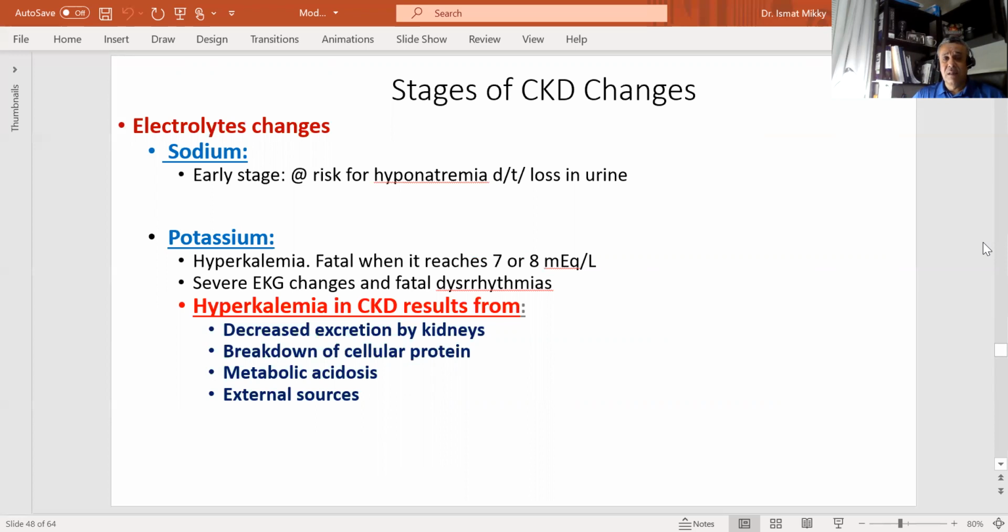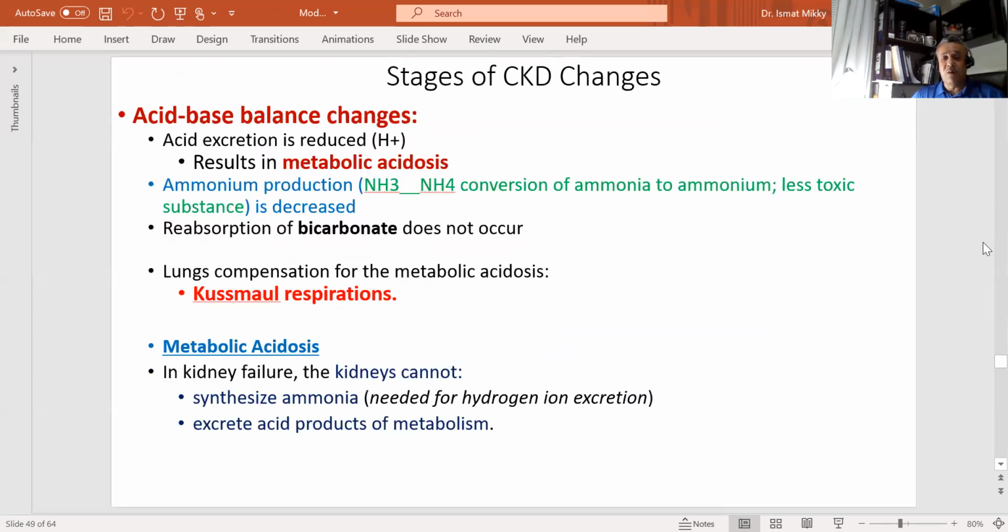External sources of potassium include the diet and medications like potassium supplements or IV potassium supplements. That's why patients with end-stage renal disease or chronic kidney disease should be on a low sodium and low potassium diet.